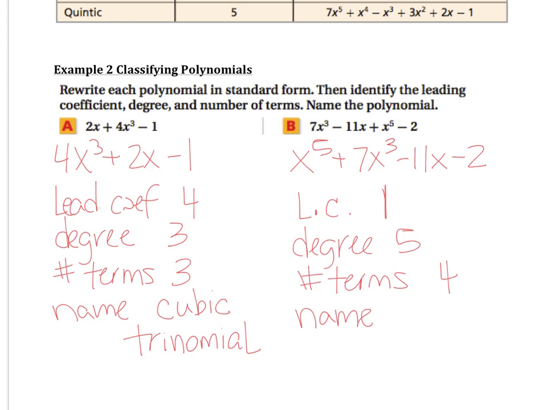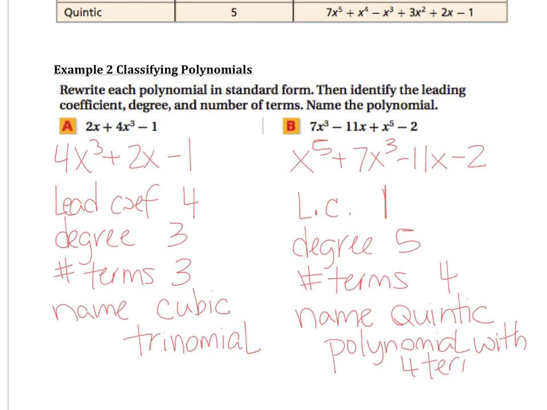And then the name would be a quintic, degree 5. And we don't go anything over trinomial, so it would just be a quintic polynomial with 4 terms.